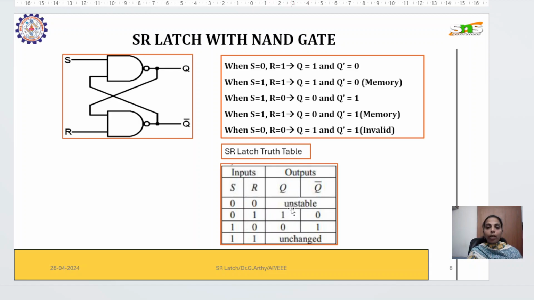So see, when we realize an SR latch with a NOR gate, we receive the unstable state when S and R are equal to 1. When we realize using NAND gates, we will have the unstable state when S and R are equal to 0. Right? In both the cases, we have the unstable state or invalid state or undefined state.